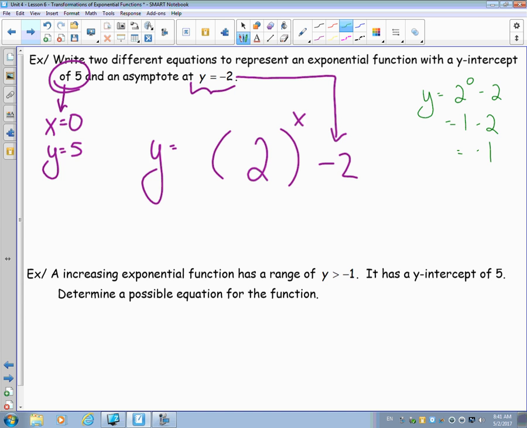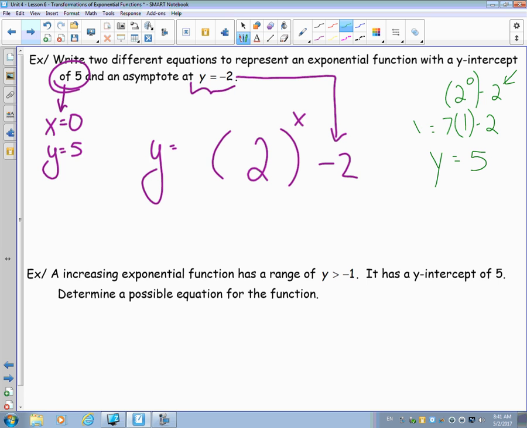So I can't change the asymptote part. I can't change the base part, but I can put something out front if I want to. In other words, I can stretch or compress this. So for example, if I were to put a number out here, so this comes out to 5, what would I need to have up front? I would need to have a number such as 7, because 7 times 1 is 7. I'm going to subtract 2 and get 5.